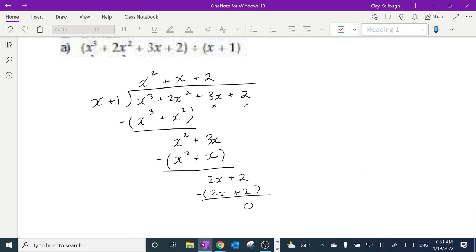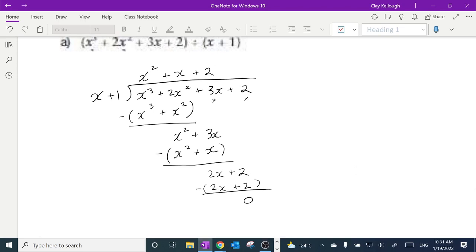So I can say that x cubed plus 2x squared plus 3x plus 2 divided by x plus 1 is x squared plus x plus 2.